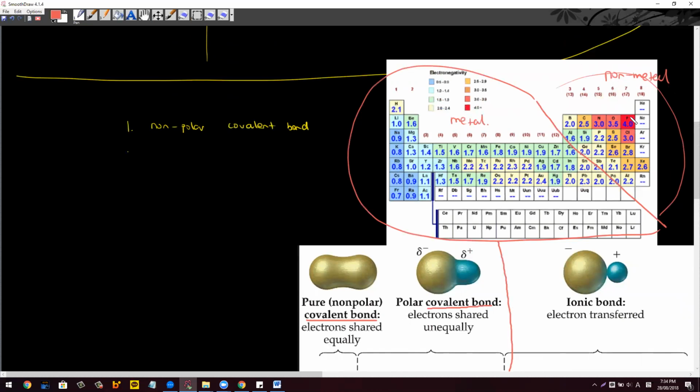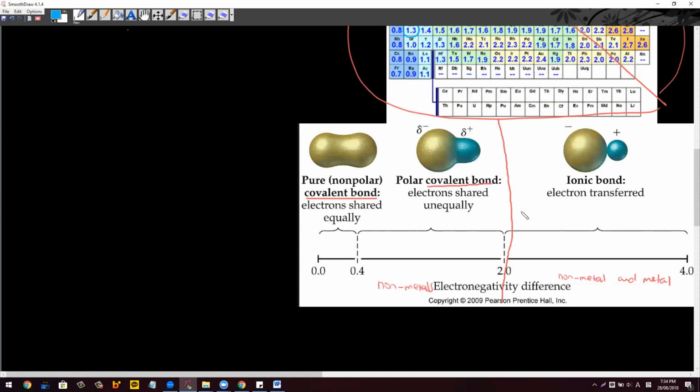So if you, for example, take fluorine and calcium, they are too far away, right? So the electronegativity difference is, in this case, 2.7. So 2.7 is somewhere there, and that's classified as ionic bonding. Michelle, does that make sense?